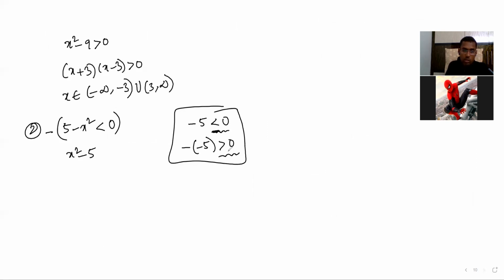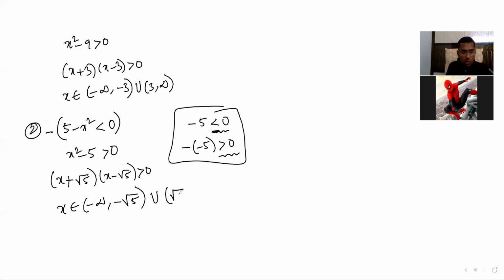Multiply with negative, this minus 5 plus x square becomes greater than 0. So here x plus root 5 into x minus root 5 is greater than 0. Greater than means does not lie between the roots. x belongs to minus infinity... You asked this question. Because it's in the denominator, we are not including the roots, otherwise you should include the roots also. So like that.